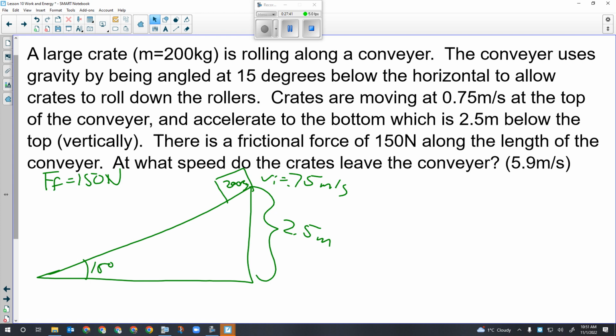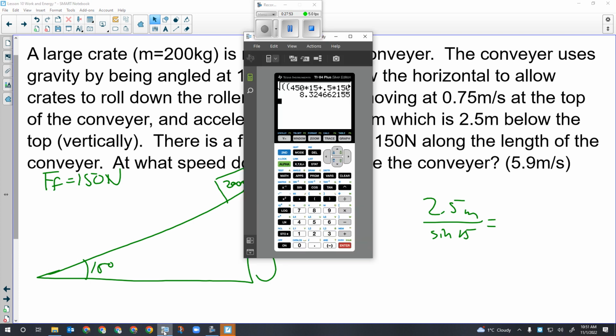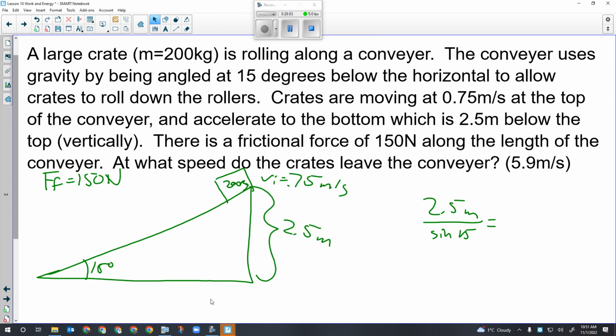Yes, that's the first thing I gotta do is find the length of the ramp, and that's simply gonna be 2.5 meters divided by the sine of 15 degrees. That will get me the hypotenuse of that triangle, and I'll leave it there and have you guys try it some more. So we're looking at 9.66 meters as the length of the conveyor.